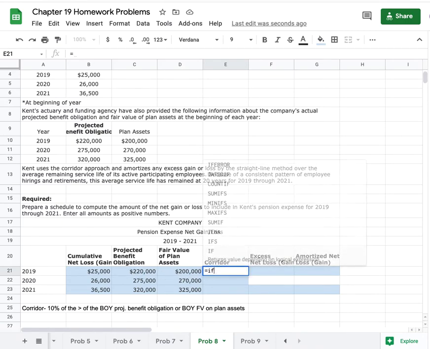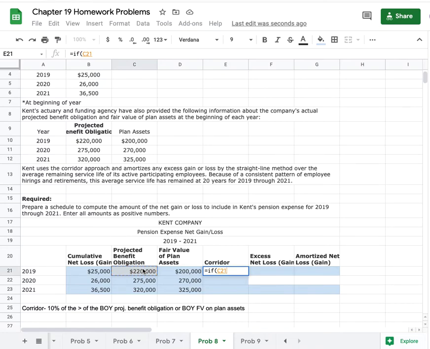So we'll say equals if, open parentheses, and the if function is if projected benefit obligation is greater than the fair value, then we put a comma and we tell Excel what we want it to do. So if projected benefit is greater than the fair value of the plan assets, then we want it to multiply the projected benefit obligation times 0.1, comma, if that's not true, then we want it to multiply the fair value of the plan assets times 0.1.